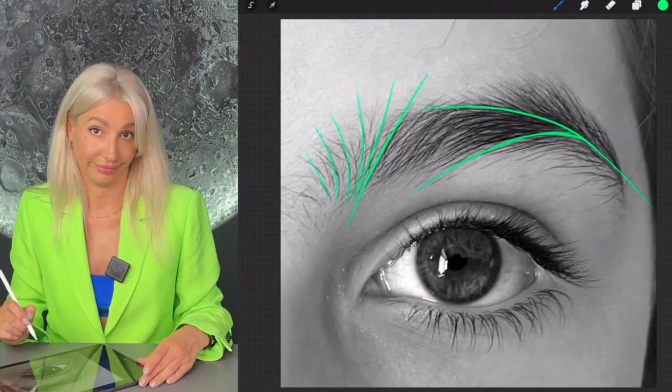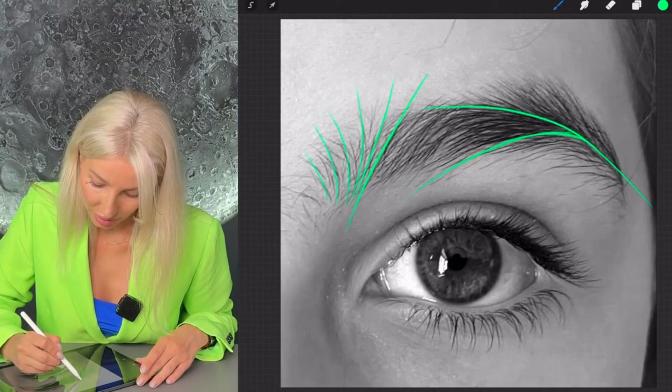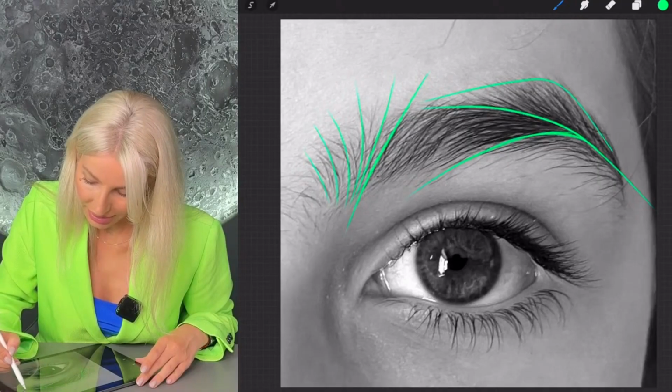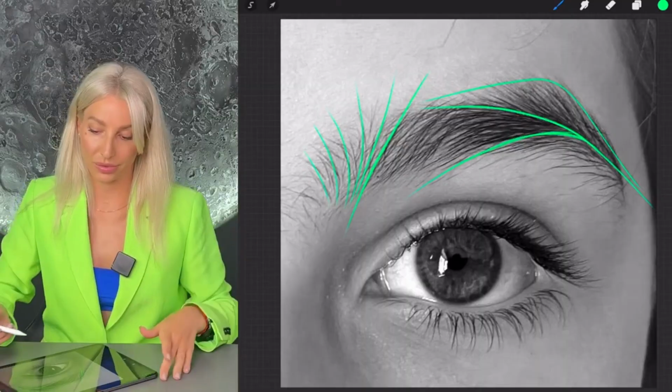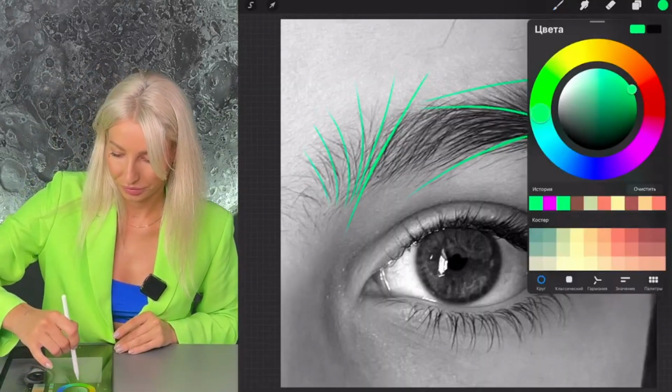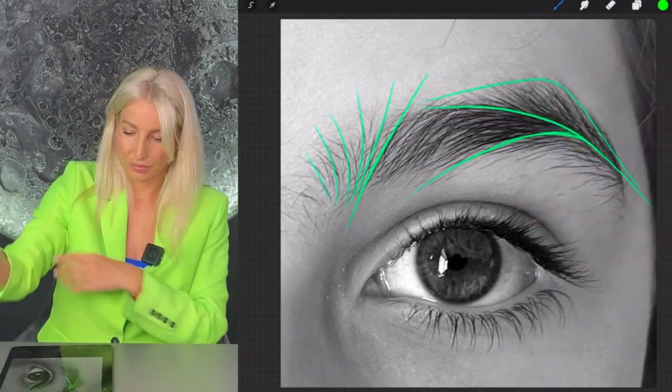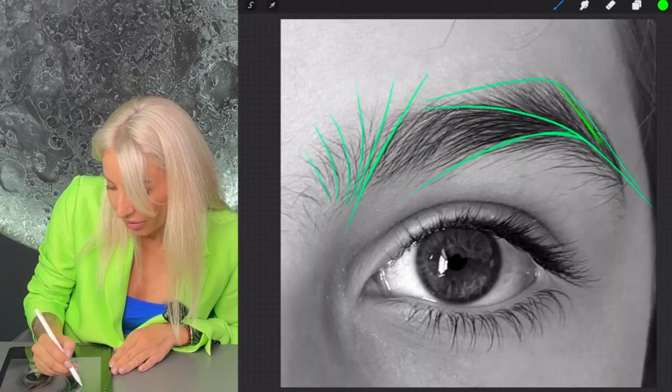Right? Then we have this area where the strokes are growing up. Like this.